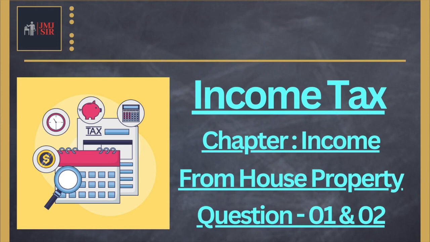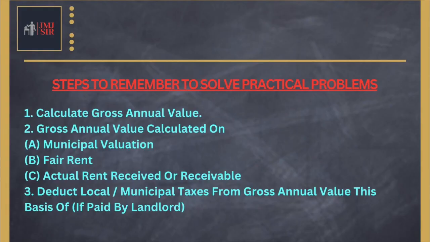Let us start practical problems of the chapter income from house property. First of all, let us remember the important points or the steps to be followed for the calculation of the gross annual value, net annual value, and the income from the house property.